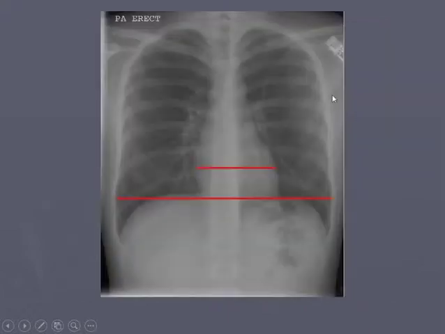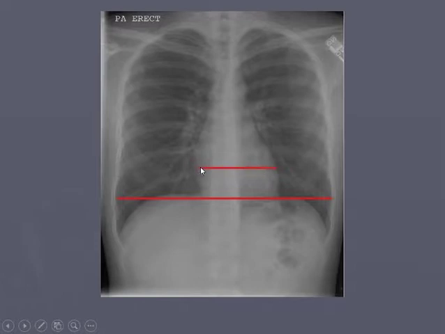The way you determine if a person has cardiomegaly or not is by comparing the lateral size of the cardiac shadow to the thorax. As you can see here, I have my red line that goes across, and you typically would put your finger up against the film to get a rough estimate.